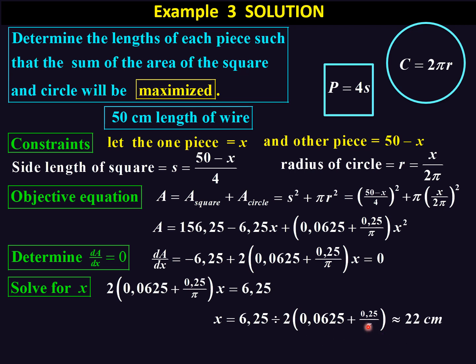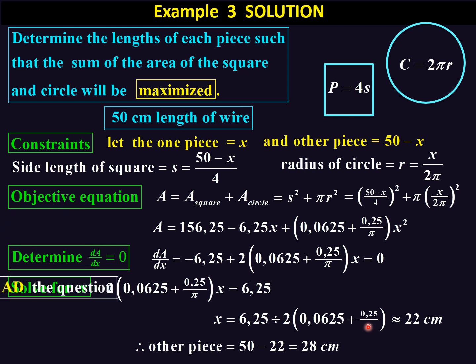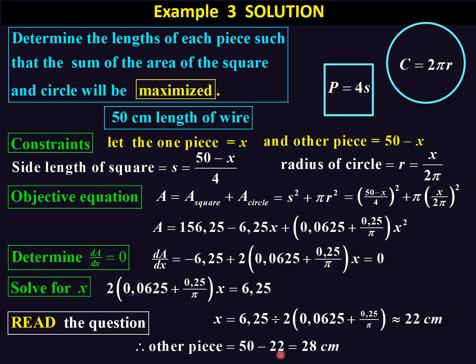Just be careful with your calculator work. We end up with approximately 22. Then let's read the question. You want to determine the lengths. That's only the one length. So the other length will be 50 minus 22, which is 28 centimeters. I see I left out the centimeters there. Just checking to see whether you are following me.